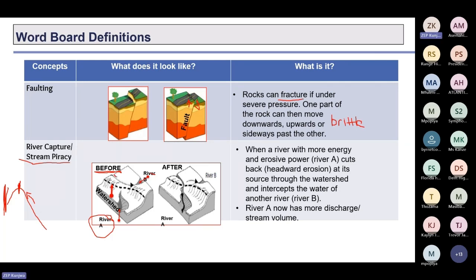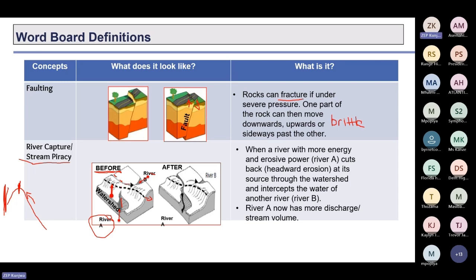Let me just try to put some dots there so you can see where river B is flowing. That's river B there. This is river A here. Can you see the erosion? It's going towards the watershed. That is your watershed there. Can you see the watershed? That is your divide, your head, your watershed.